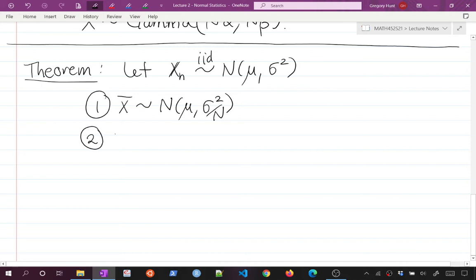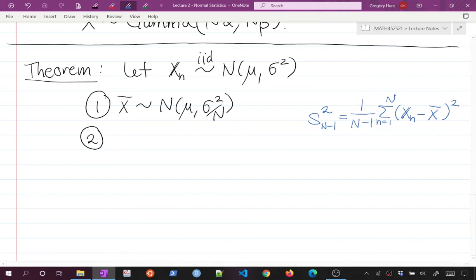The second fact is going to use the sample variance, s squared. We talked a little bit about this last time. It's the traditional sample variance you learn in an introductory statistics course, which is 1 over n minus 1, and then I sum up the deviations, the x_i's minus x bar, square them, sum them up, and divide through by n minus 1.